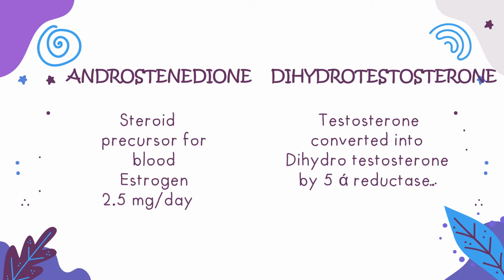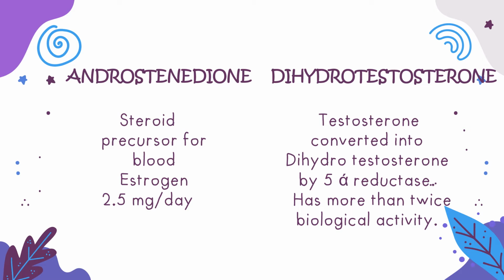About 80% of the dihydrotestosterone is derived from the peripheral conversion of testosterone. In the target tissues, testosterone is converted into dihydrotestosterone. This dihydrotestosterone has more than twice the biological activity of testosterone.